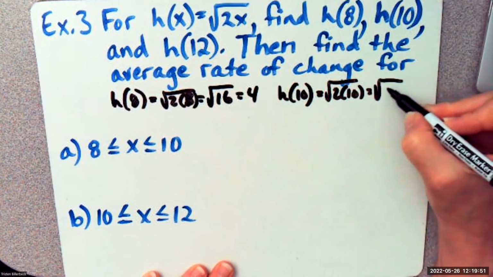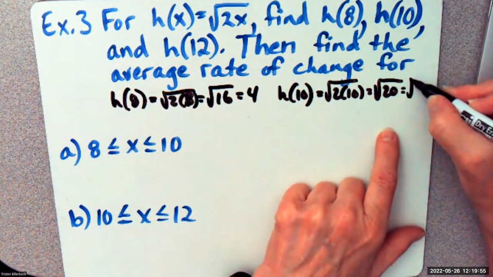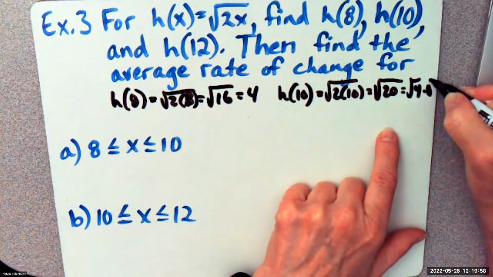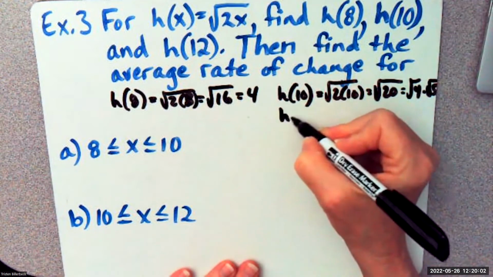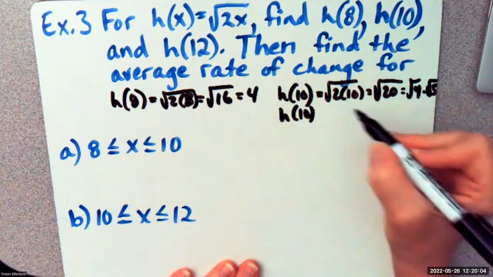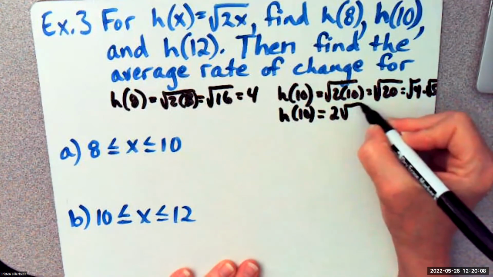So that's the square root of 20, which is the square root of 4 times the square root of 5. So h of 10 is 2 square root 5.